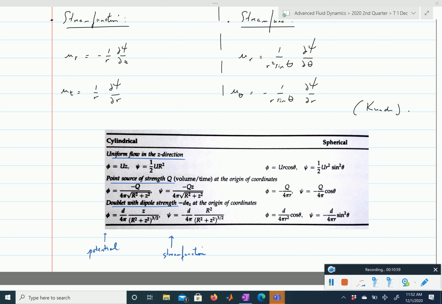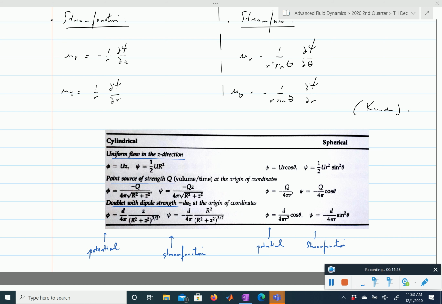And on the left-hand side, all of this here is for cylindrical coordinates. And on the right-hand side, we have the same. Phi represents the potential and psi the stream function, but this time in spherical coordinates. Remember here that theta is the polar angle, so it's the angle from the z-axis. It's not the same theta as in cylindrical or in polar coordinate systems.